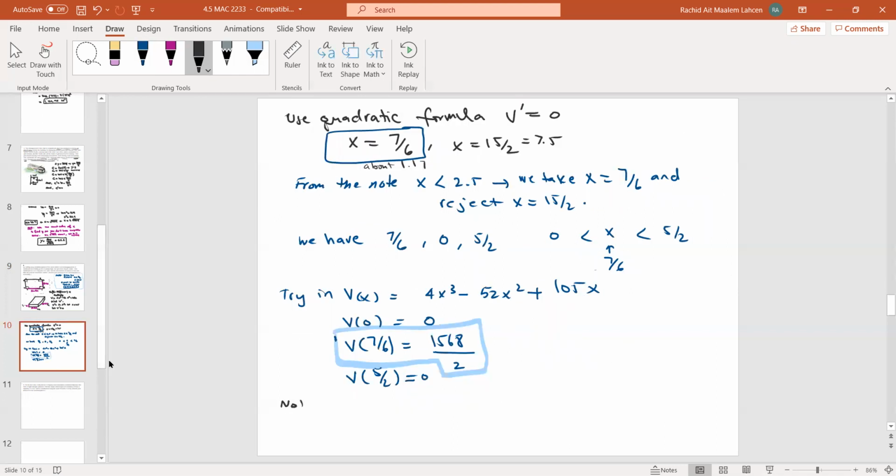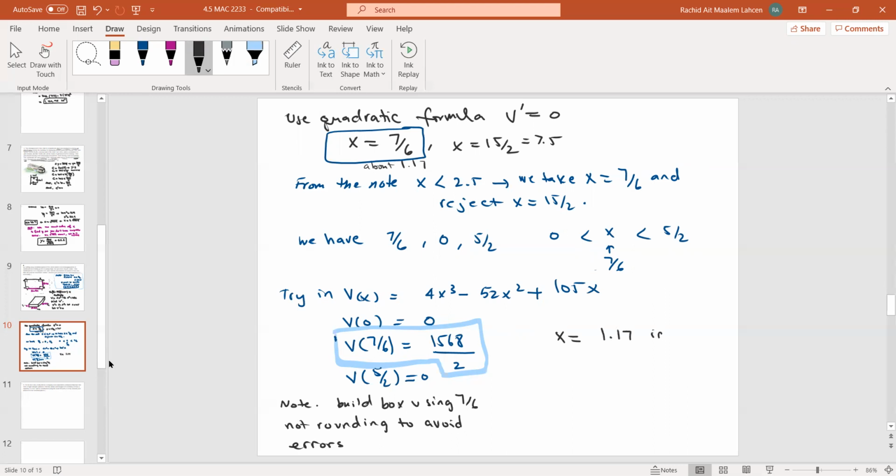So note, build the box using 7/6, not the rounding, to avoid errors, right?